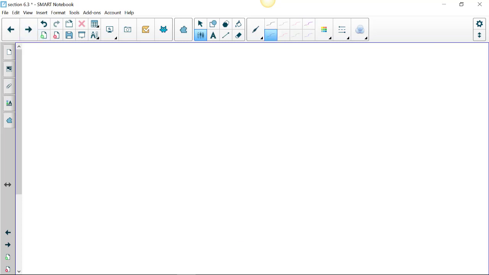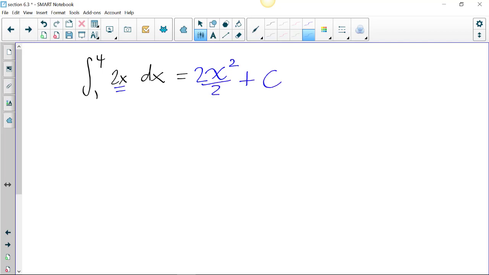What is the definite integral from 1 to 4 of 2x dx? Well, I find my antiderivative of 2x, which is 2 times x squared divided by 2 plus c, using the reverse power rule.